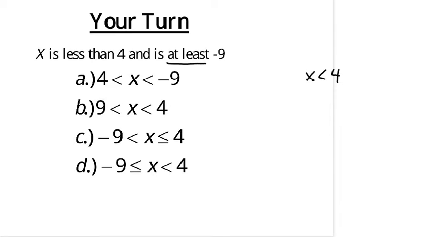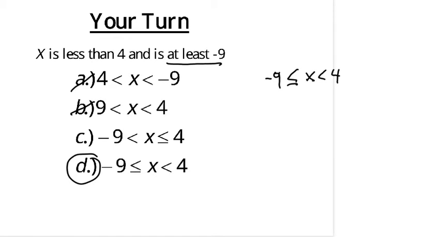So x could be greater than negative 9, or it could be equal to negative 9. So which one of these means the same thing? Definitely not these two. So it's actually D. So x is greater than or equal to negative 9 but less than 4.